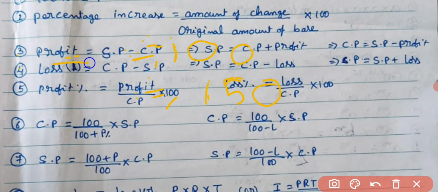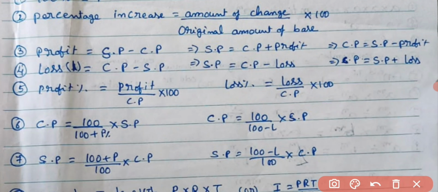What's your profit? So 100 is your cost price and 150 is your selling price. To find out the profit, you have to subtract these. So this is the formula of profit.